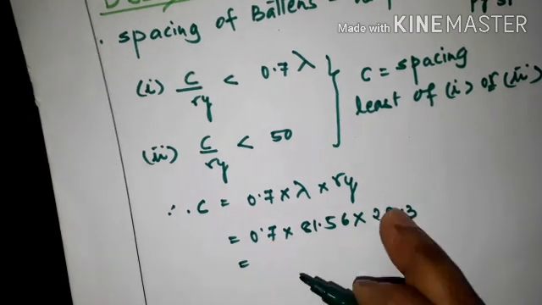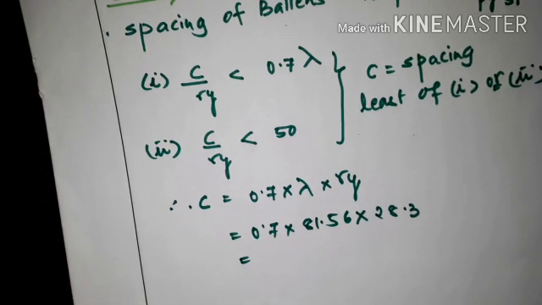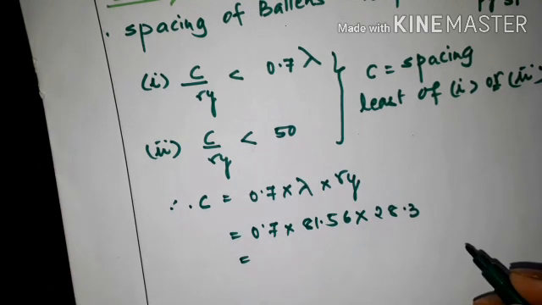0.7 lambda into ryy, so we have got it as 1615.70.